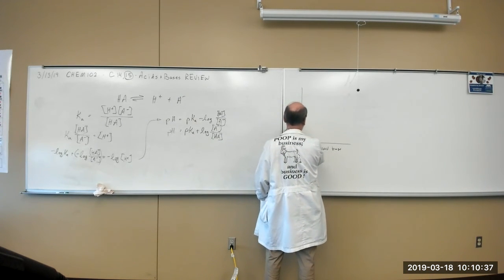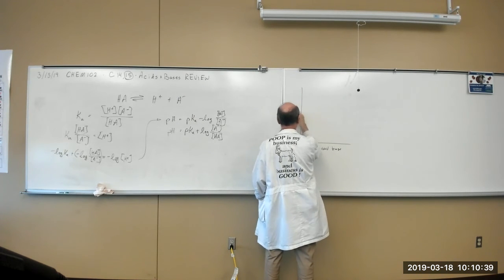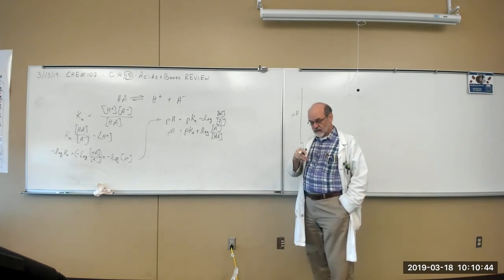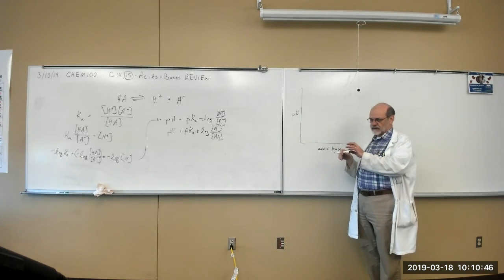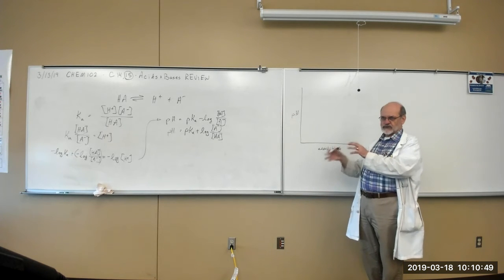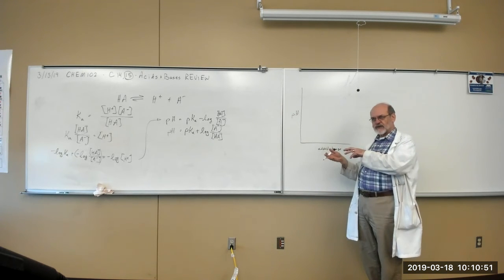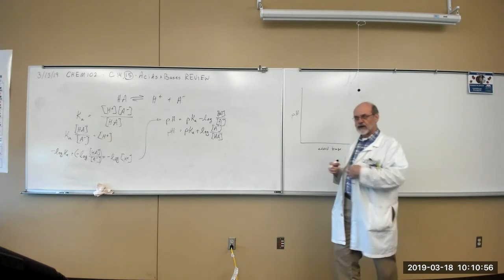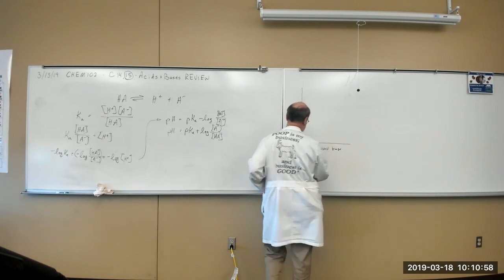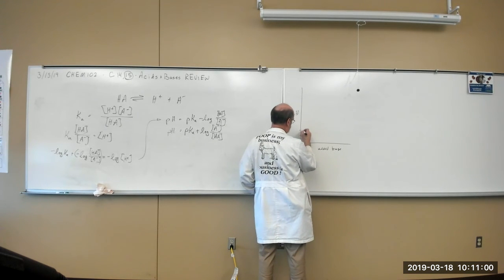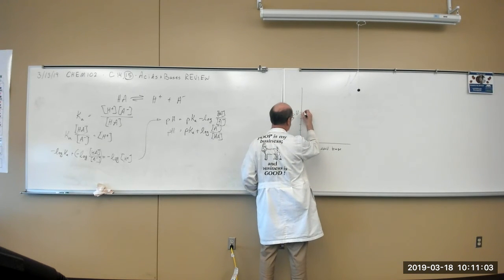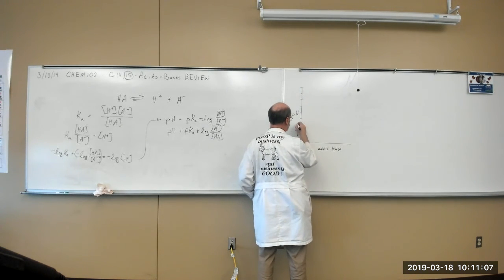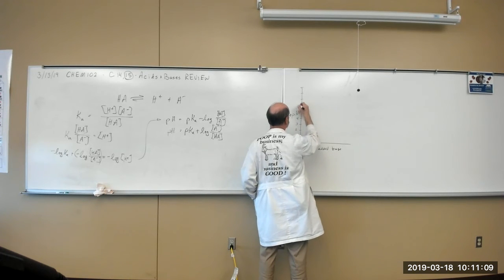So this is the pH. And as you add base, you're going to be writing down, say you add so many mils, a fraction of a mil, measure the pH. Add some more base, measure the pH. So you get a data set, paired numbers. One, two, three, 4, 5, 6, 7.